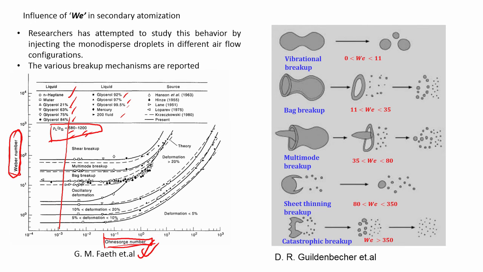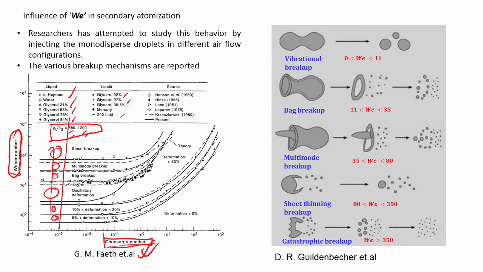You go from a domain where the droplet deformation is very small, and it progressively goes higher because the Weber number is increasing. Then there is oscillatory deformation, where the droplet starts to oscillate and show shape deformations. Then we see varieties of breakup such as bag, multimode and shear. This is across this line.